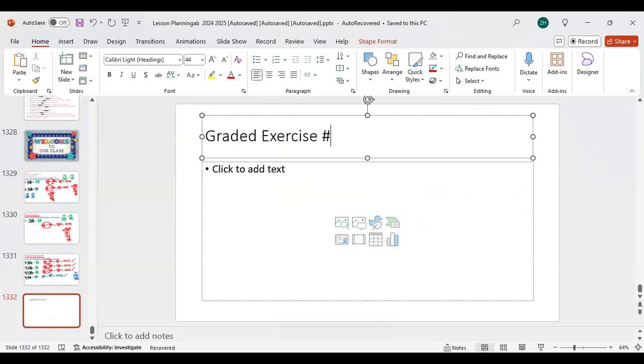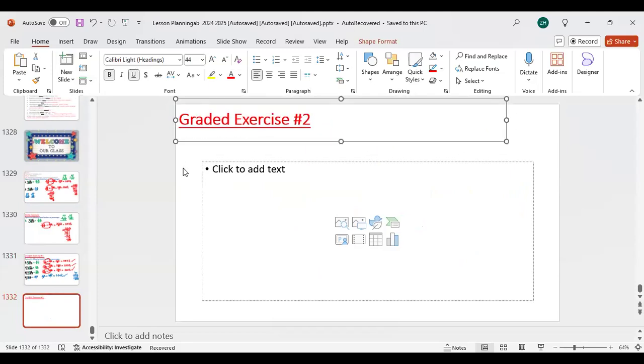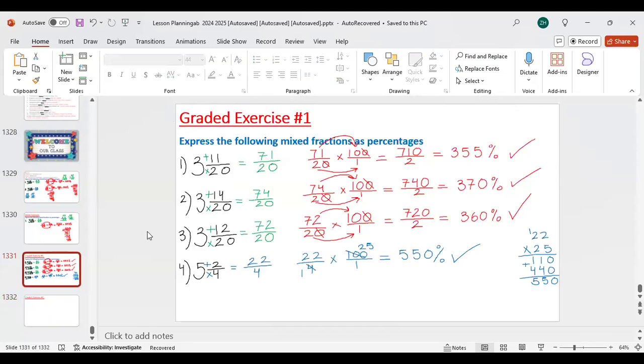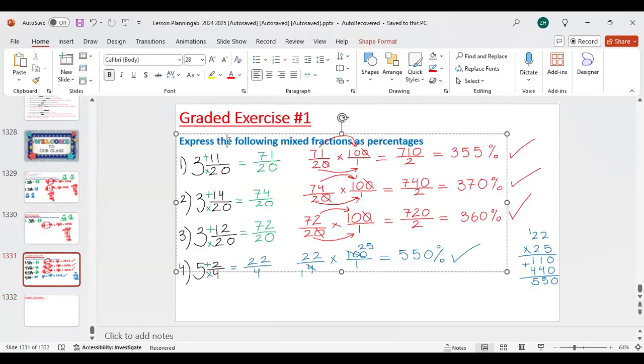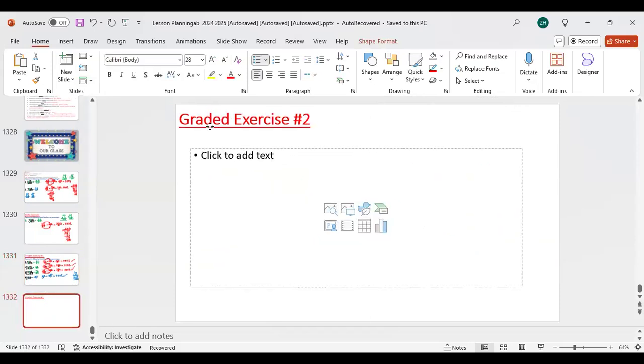Number 2. Screenshot this. For this one, 3 is not going to be in there, just other ones. So let's see how y'all do with it. Remember, the goal is to take the mixed numbers and express them as percentages.